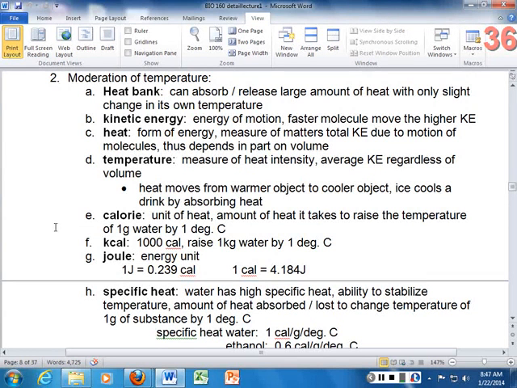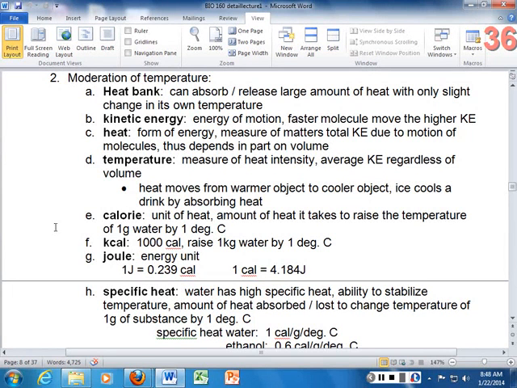The faster water molecules move, the more kinetic energy they have. We can measure that in substances by looking at the heat. Heat is a form of energy, and it measures the matter's total kinetic energy due to movement of the molecules. So it will be partially dependent on volume.